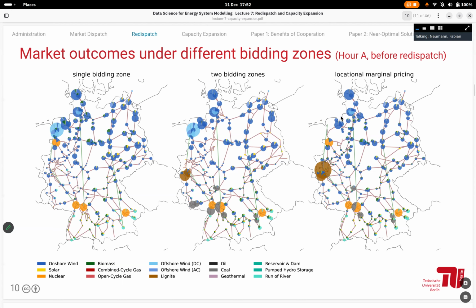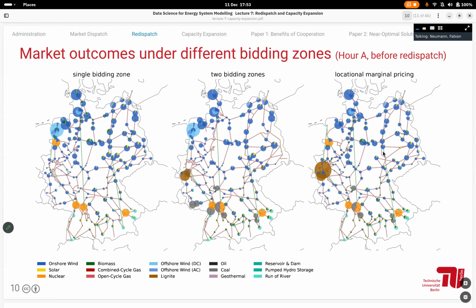And on the right-hand side, you would have locational marginal pricing, where each of the dots forms basically their own market zone, which is something that you see, for example, already implemented in the US or New Zealand. And then the constraints between the different zones are already incorporated into the optimization problem.